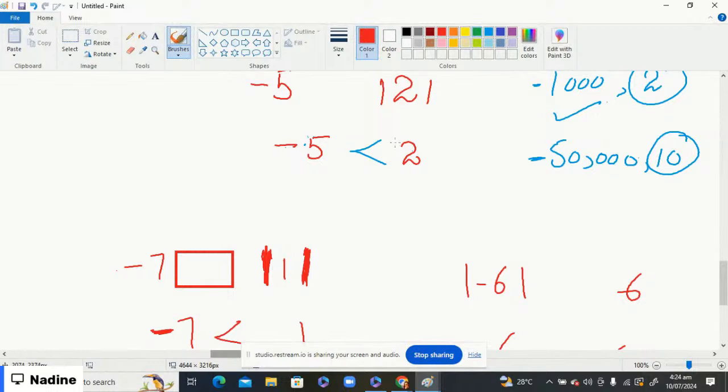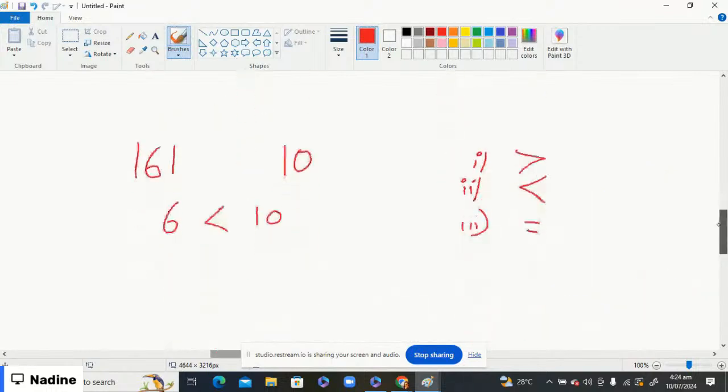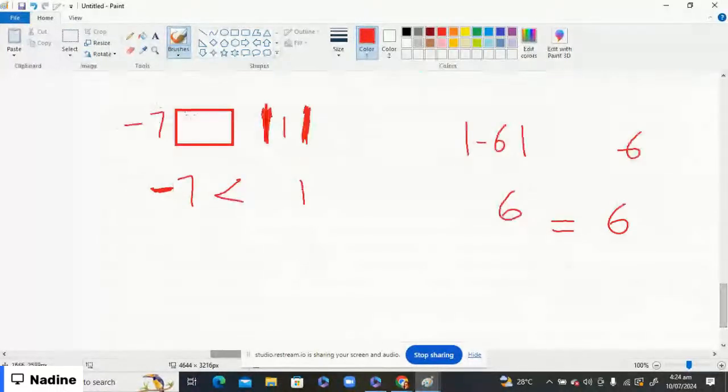So according to their signs, we conclude that negative 5 is less. The other case is any two numbers where one has absolute value with a negative sign and the other is the same but positive. For negative absolute value it turns into positive because it changes the sign, and these become equal.